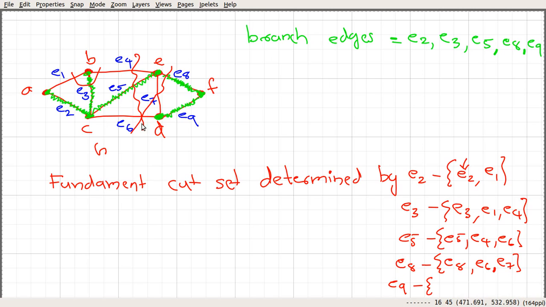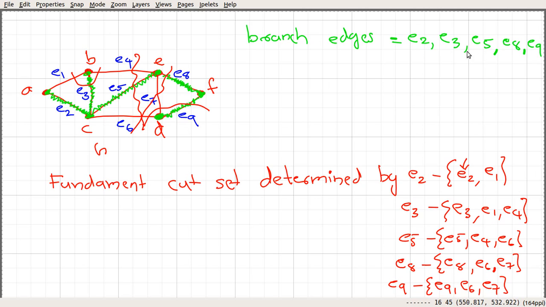So we can add these two to this set: E9, E6 and E7. Okay, so these are the different fundamental cut sets in this graph determined by these branch edges.